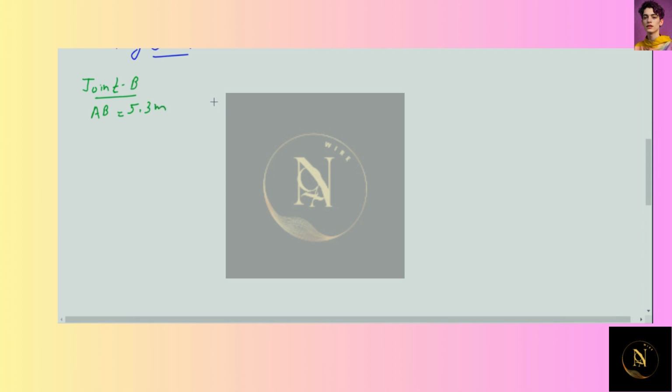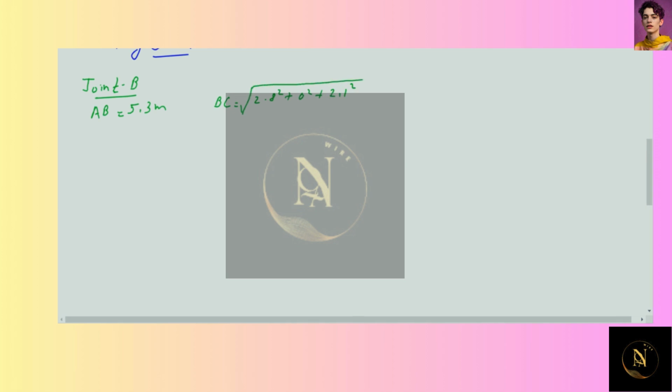BC will be equal to root of 2.8 meter square plus 0 square plus 2.1 meter square.